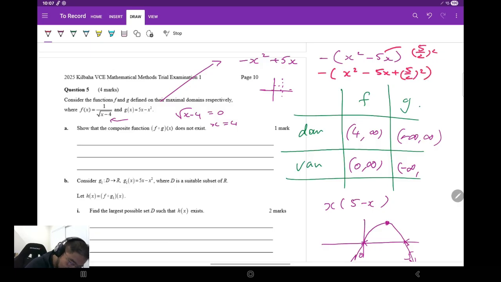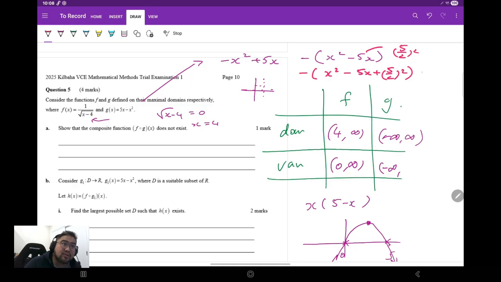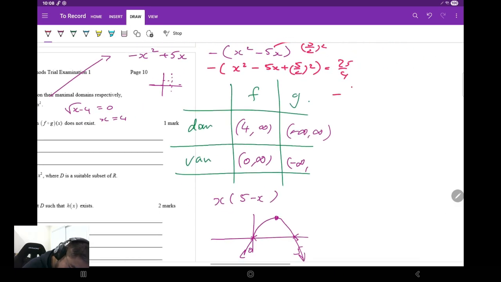We balance it out on the other side with 25 on 4. When we rearrange this, we get the equation as negative x minus 5 on 2 squared plus 25 on 4.